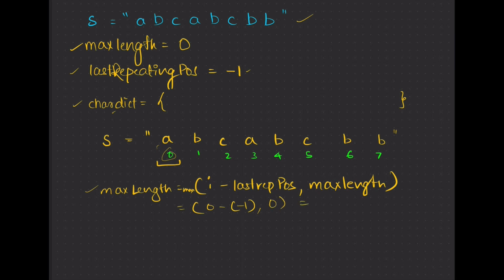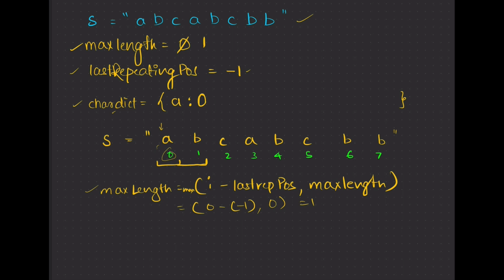This equals 1, so we would update max length as 1. And then we would update the character dictionary to have the last index it was seen at. So that's here.